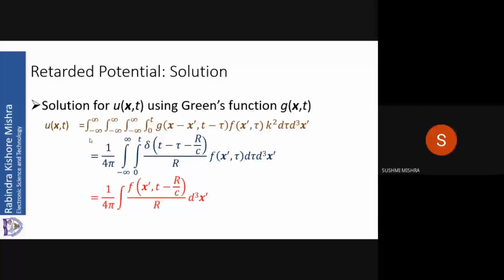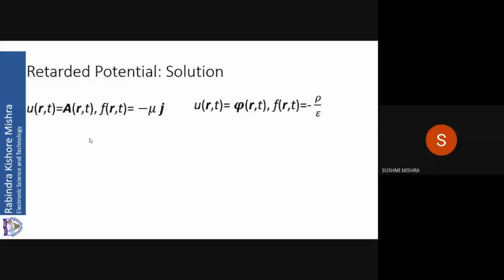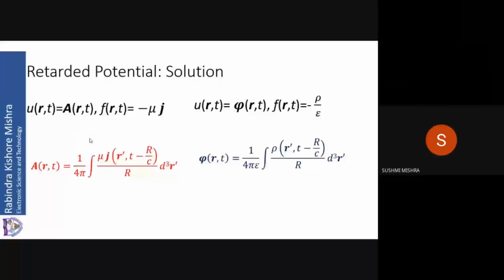So we are going to use this function in our solution. Here u is equal to A or phi, and f is equal to minus mu J or minus rho upon epsilon, from which you can find out what A and phi are using the previous steps.